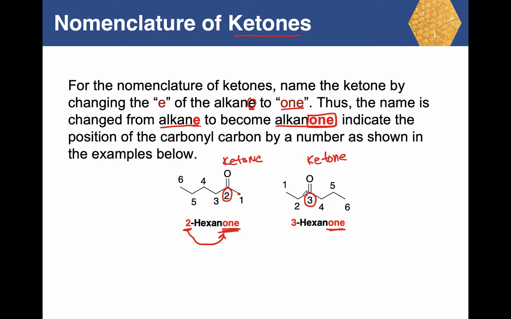This carbon-oxygen is now on carbon number 3, so it's 3-hexanone. Notice you have to put the 3 in because, as you can see, it could be on any of these internal carbons. Don't forget the hyphen between the number and the letter.